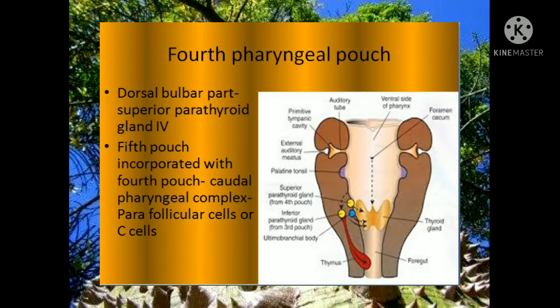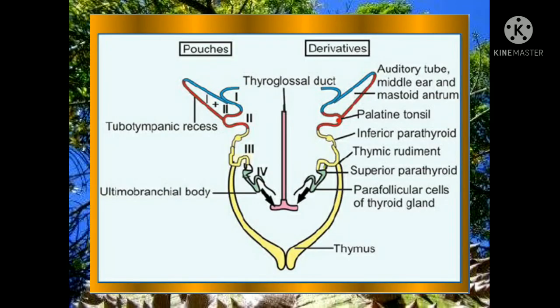And from the fourth pouch, the communication with the pharynx disappears, and it gives the dorsal wing the parathyroid 4 or the superior parathyroid gland, while the ventral wing may contribute to the thyroid gland. Then the fifth pouch is incorporated with the fourth pouch caudally, forming the pharyngeal complex, and parafollicular cells or C cells develop.